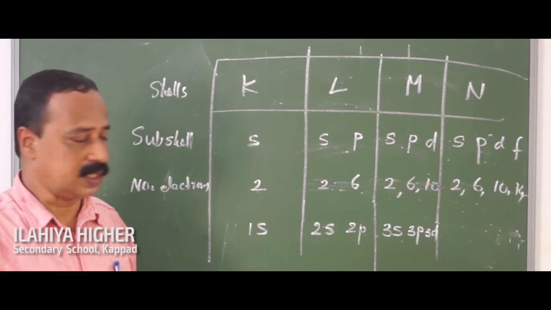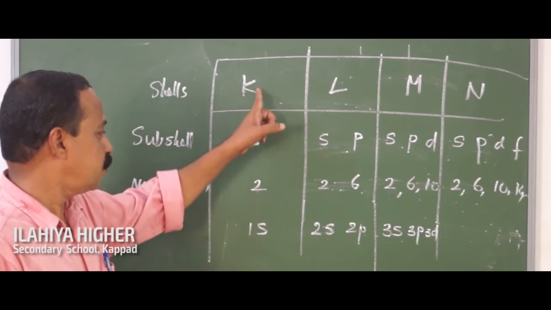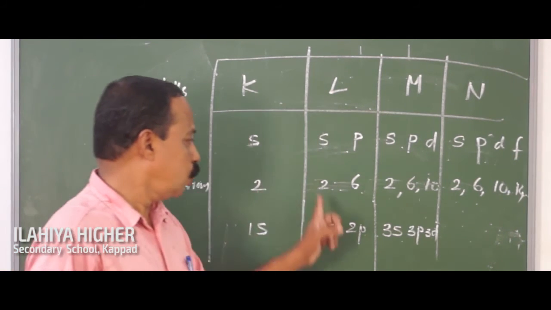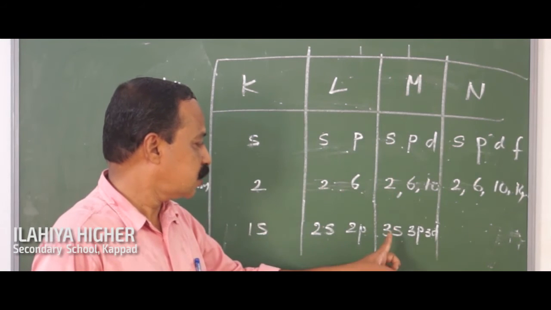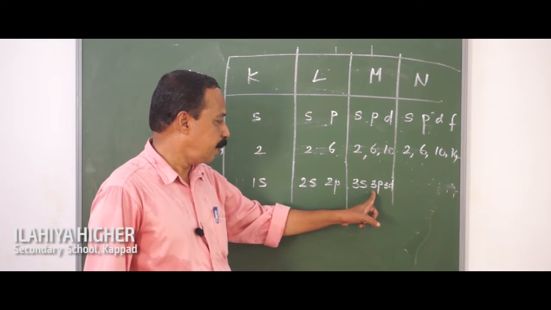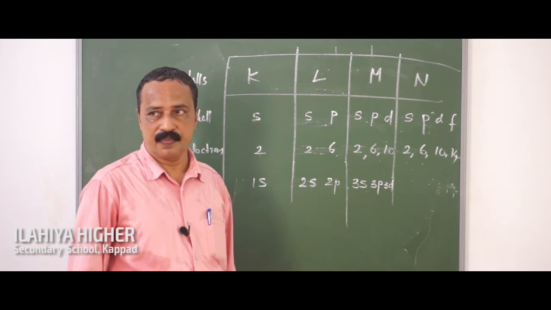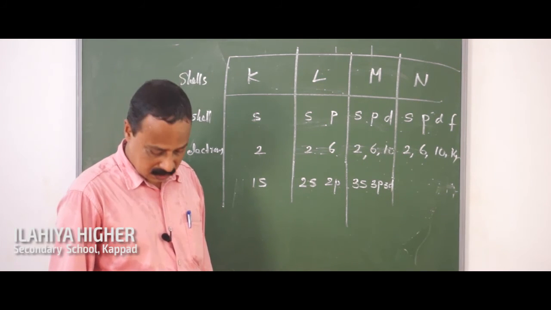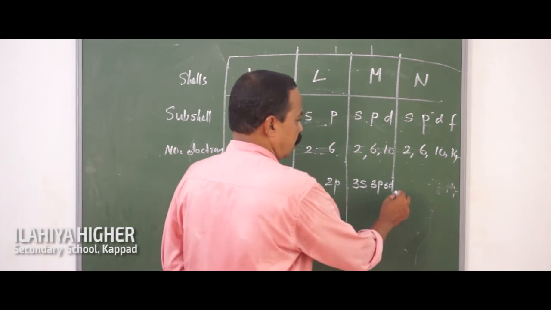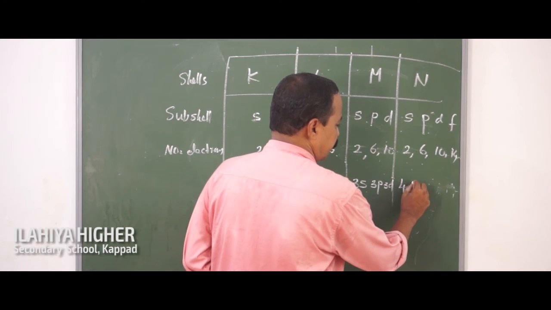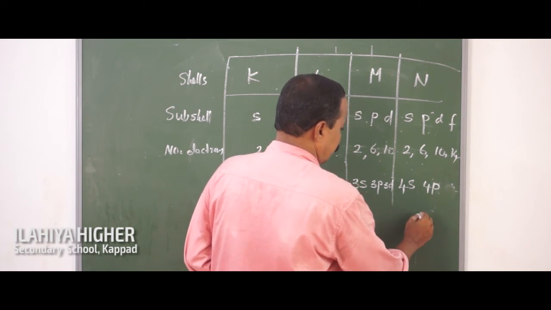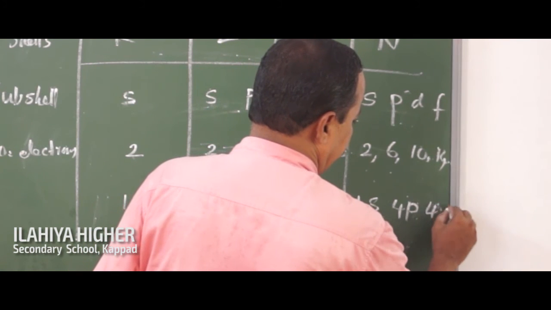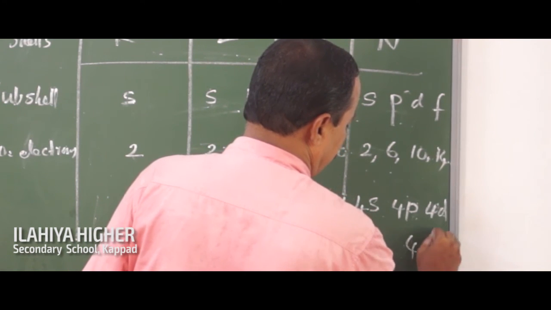Naming of the subshells: 1S, first shell. 2S, 2P. Third shell, 3S, 3P, 3D. Fourth, 4S, 4P, 4D, 4F.